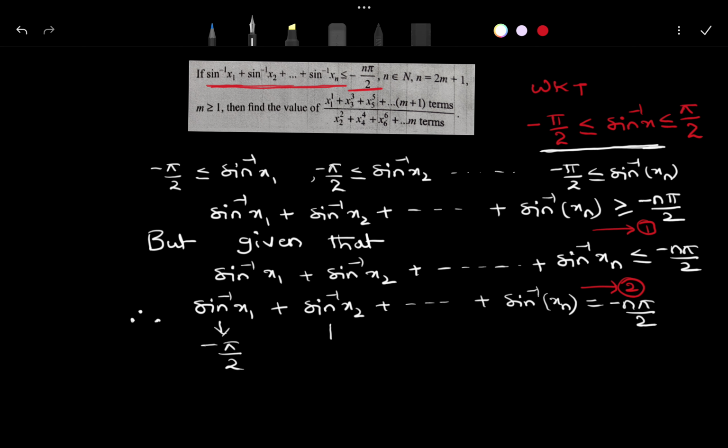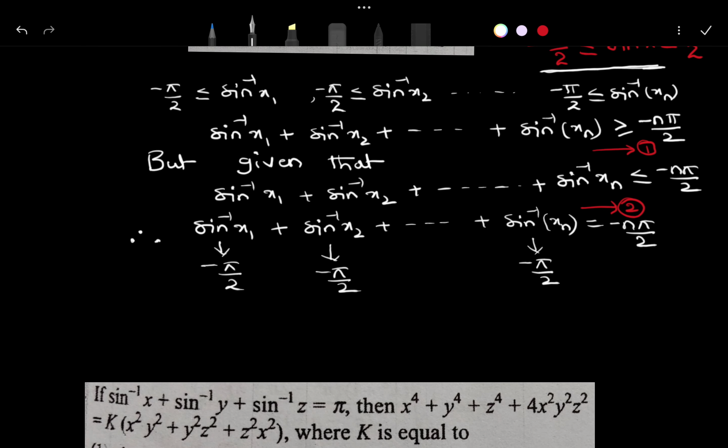So this one is minus pi by 2. This is also minus pi by 2 and this is also minus pi by 2. Now each term should be equal to minus pi by 2, therefore sine inverse x1 is equal to minus pi by 2, meaning x1 is equal to sine of minus pi by 2.